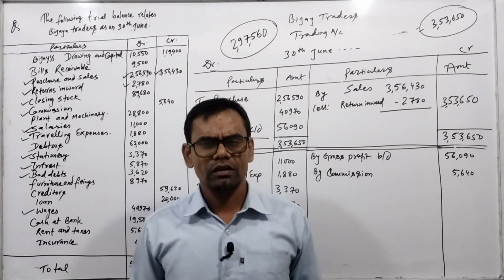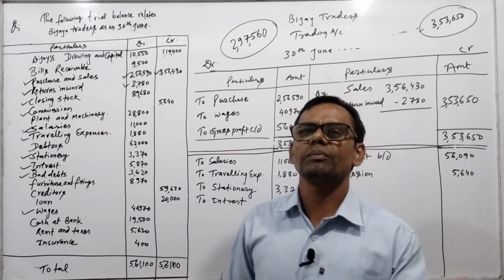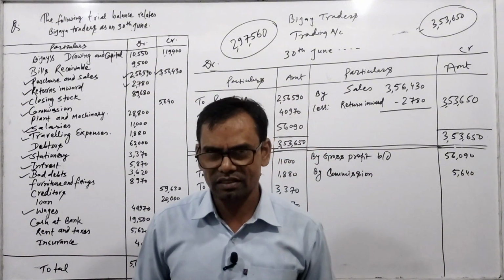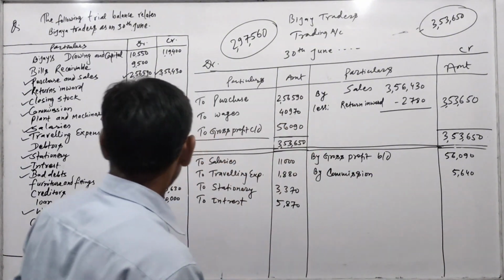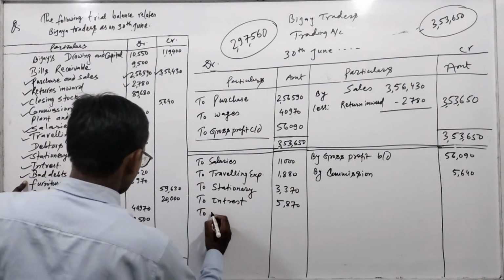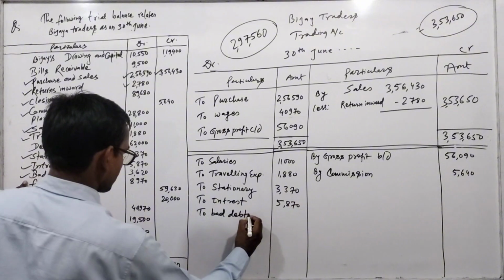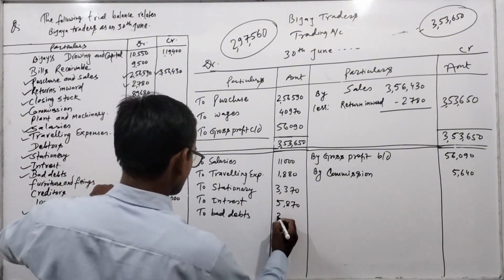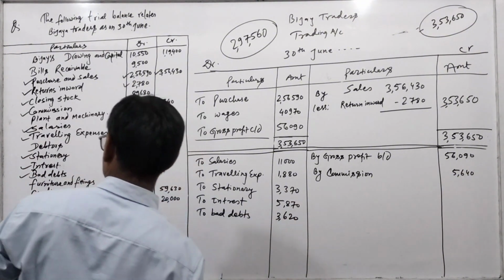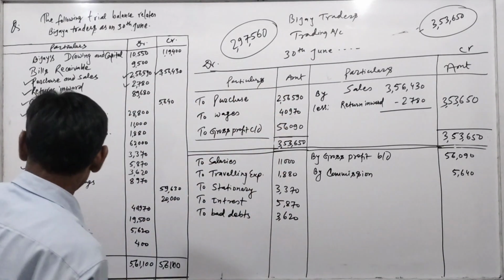The amount is given to debtors and it is not going to be collected, so it is called bad debt. Bad debt is a loss, and that should be written in the debit side of the profit and loss account. Bad debts 3,620.